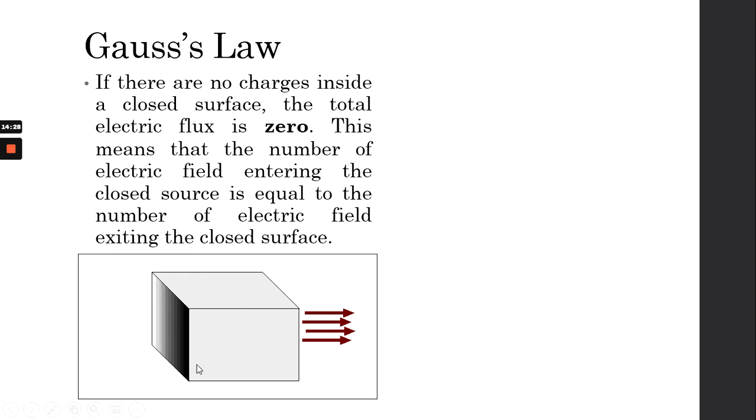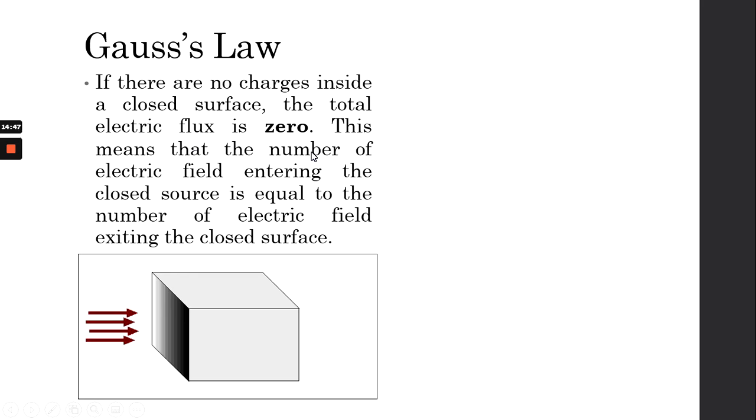So what happens if you have an enclosed space like this, and an electric field passes by, the amount of the electric field that is going inside is equal to the amount that is going outside. And you have a total electric flux of 0.